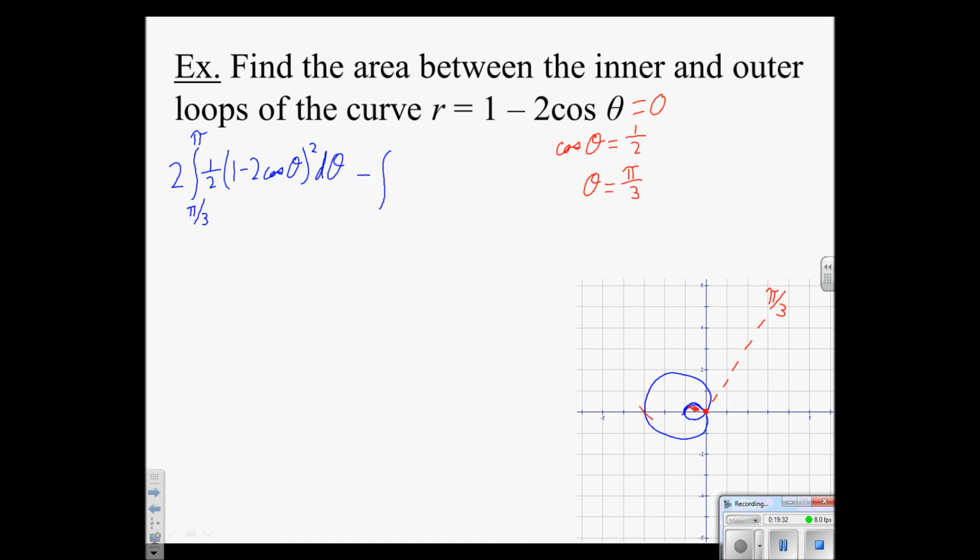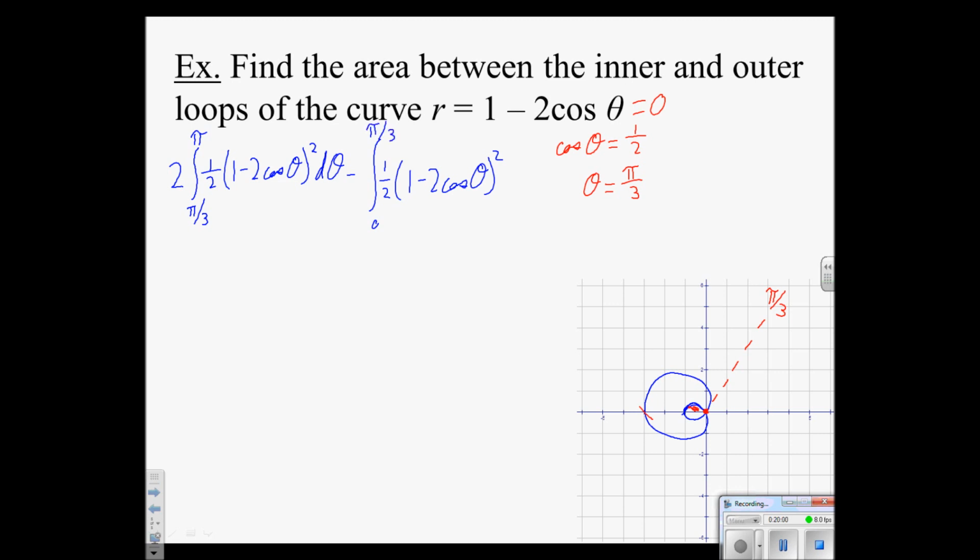That will give us the interval from 0 to pi over 3, and it's the same function, 1 minus 2 cosine theta squared. Oh, I forgot the 1/2, sorry. So we've got 1/2 the integral from 0 to pi over 3.